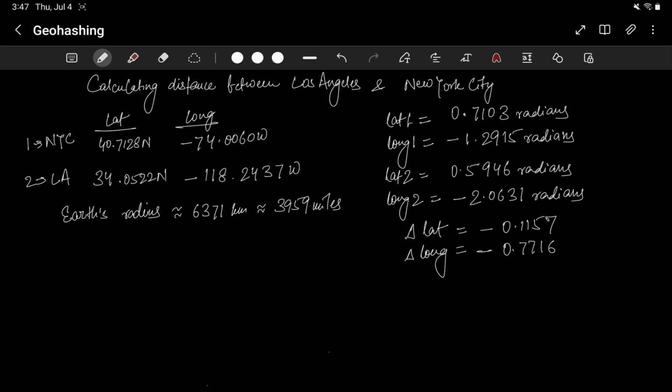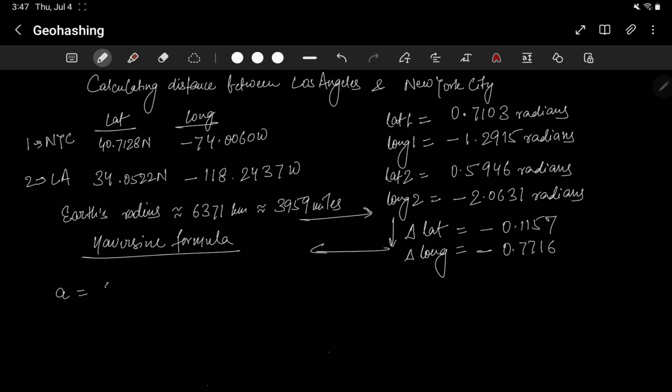Now there is a complex formula involved for finding the distance. From here we went here, now from here we are going here. There is a formula called the Haversine formula. Okay, and this gives us a variable called A, which we are going to use later.